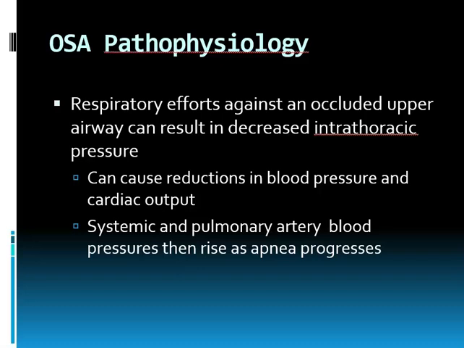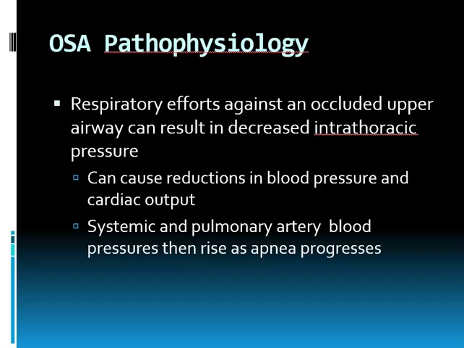But then as the apnea progresses, it can cause the blood pressure to rise. And so the other component of it is the sympathetic activation that's happening during all of this. So you've got this dampening happening while there's no breathing going on. So you've got to figure when the airway is blocked, heart rate can drop, blood pressure can drop, cardiac output can drop, oxygenation is dropping, all these parameters are dropping.